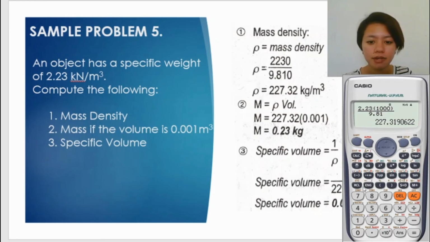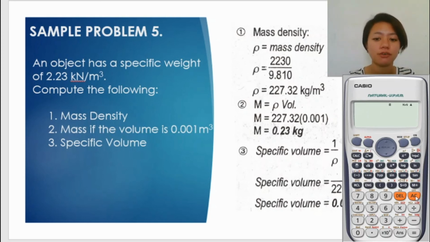Then next, mass if the volume is 0.001 cubic meter. The most basic formula for density is mass over volume.